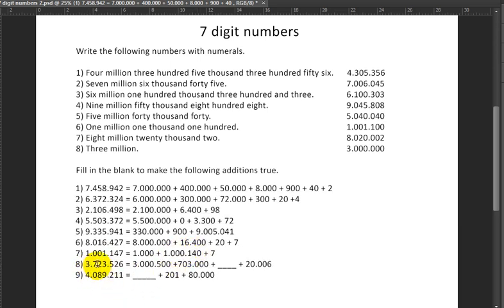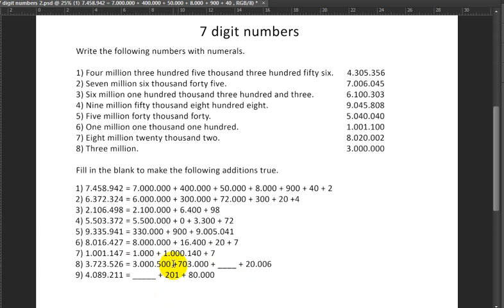Next up, we want to make 3,723,526, and we have 3,500,000, 703,000, and 20,006.